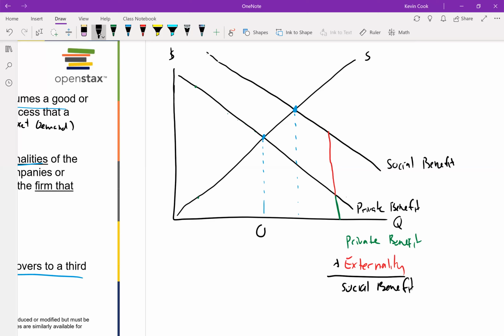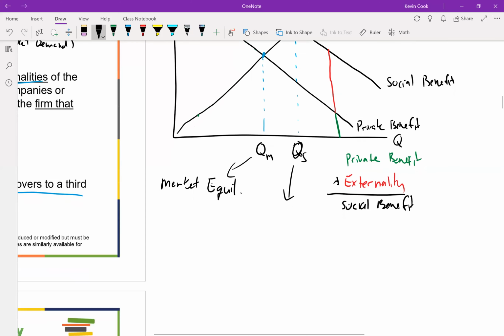So down here we'll have the quantity of goods the market produces, and up here we'll have our socially optimal quantity. So again, QM is what the market is, our market equilibrium, right? Really nothing surprising. And QS will be that socially optimal outcome.